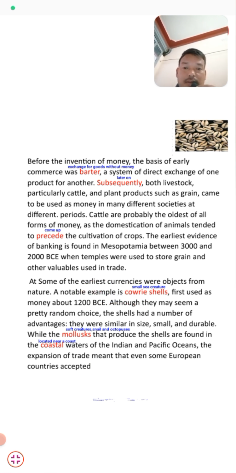And what were those advantages? Let's talk. They were similar in size, small and durable.